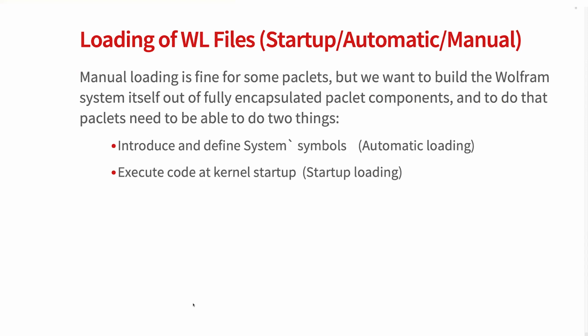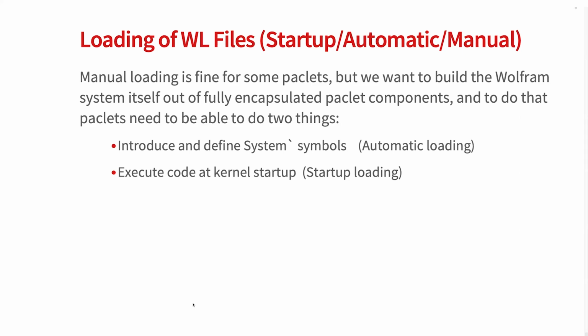So manual loading is great, but we want to build the Wolfram system itself out of fully encapsulated Paclet components. For that to work, Paclets need to be able to do two things. First, they need to be able to both introduce and define system symbols. That's done with automatic loading.